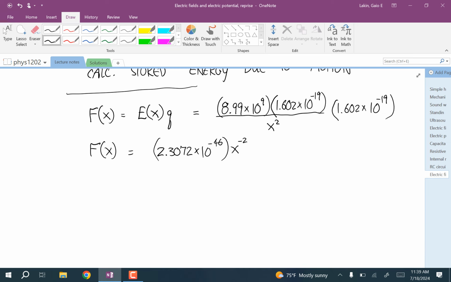So what's the stored energy in moving this moving proton closer to the fixed proton? The change in potential energy is equal to negative the integral. And this time we're going from a distance of 1 millimeter away to a distance of 0.5 millimeter away.